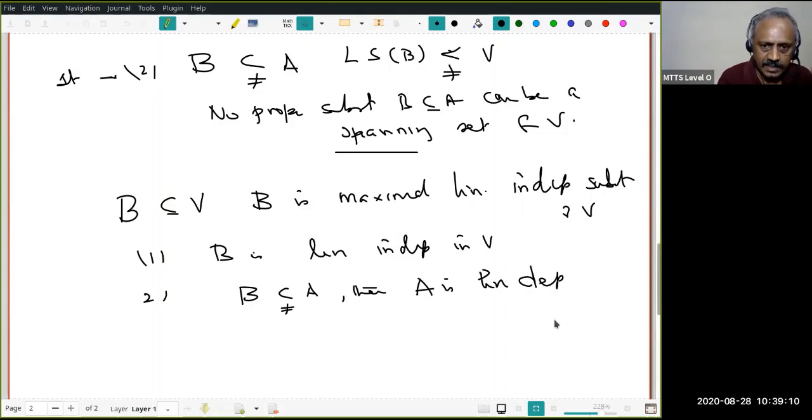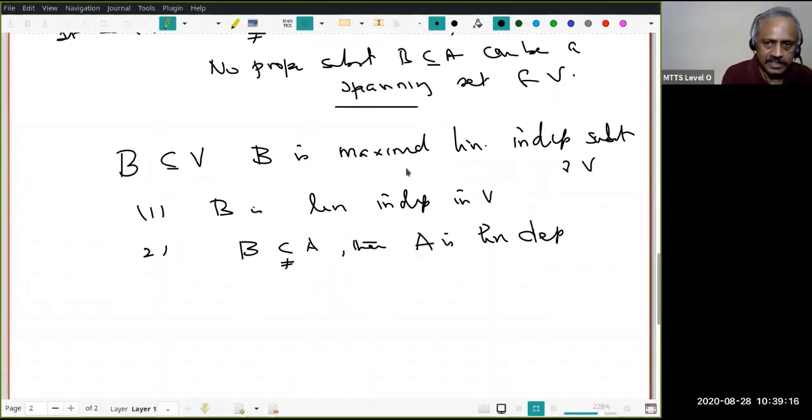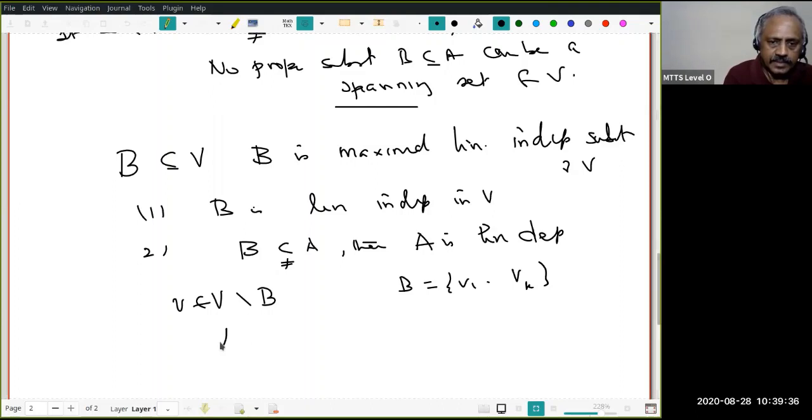Do you understand that? Let us put it in another way. As I said, it's always better to experiment and play with the definition. Suppose v is a vector in the space, but not in B. Suppose my B is v1 to vk. Then let's look at A to be v1 to vk and v.